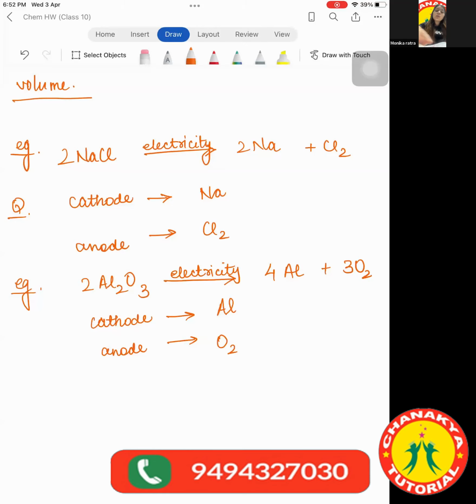Then Abhigya, can you tell me the definition of decomposition reaction? Ma'am, it's a reaction in which one substance breaks down to form two or more products. Now I have a question.